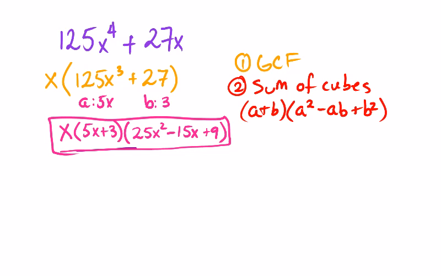Okay. The last one would be a problem where you may have to factor more than you realize. So if you have something like x to the fourth minus 81, this is not a perfect cube problem. It's not a sum of cubes or difference of cubes, because 81 is not a perfect cube and neither is x to the fourth.